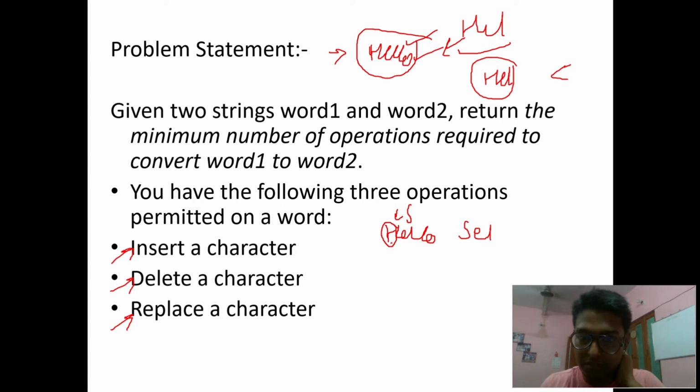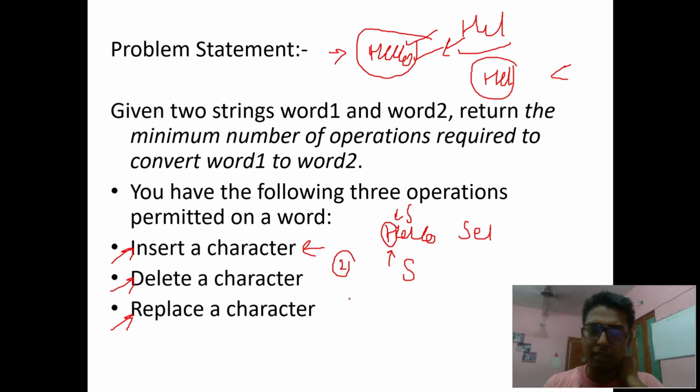Or I can firstly delete h and then insert s at the starting. Inserting is also an operation. So deleting a character and then inserting will give us a cost of 2.